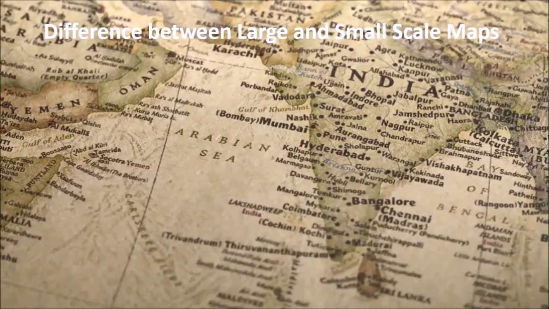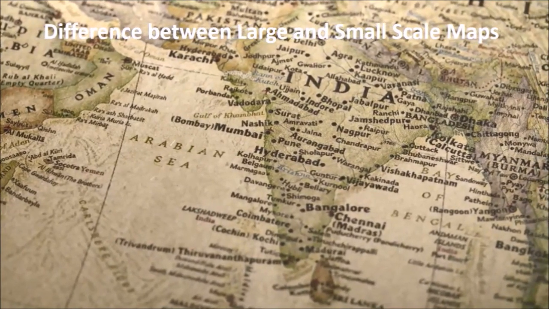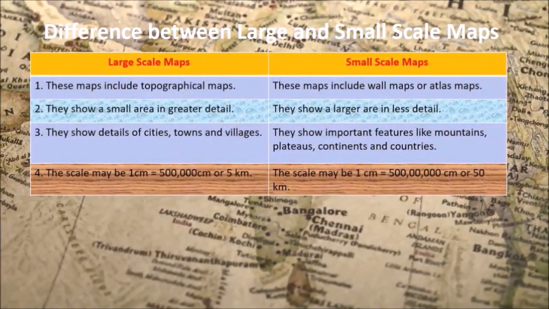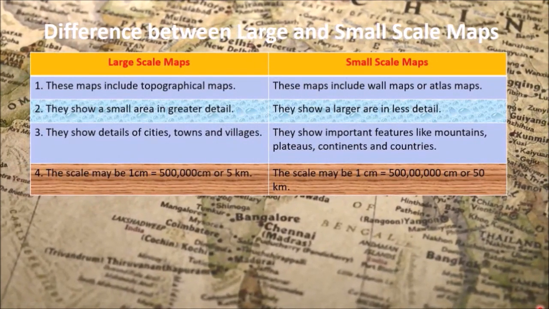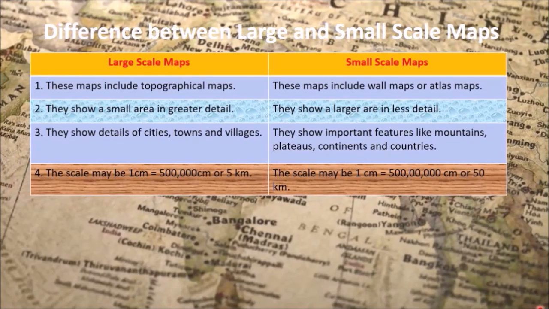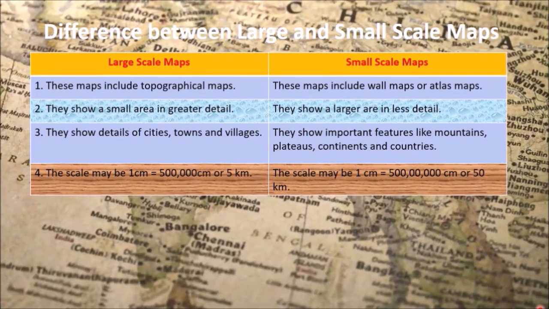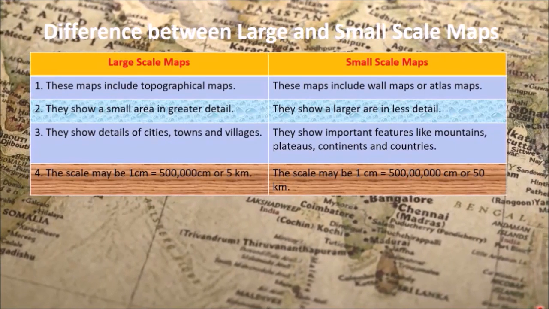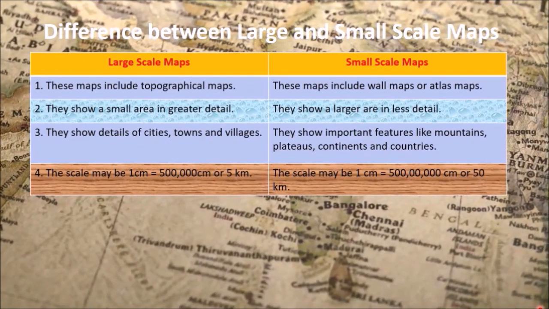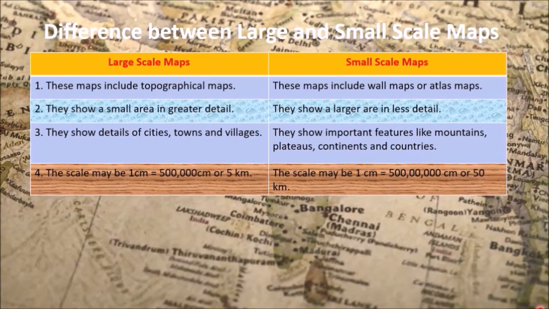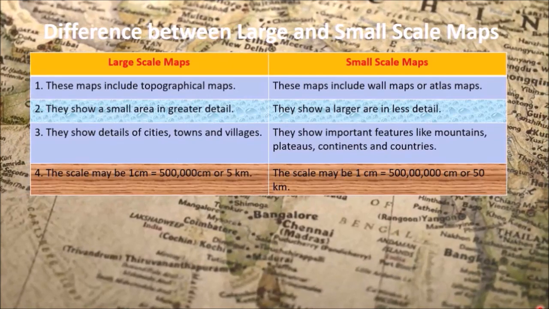Difference between large scale and small scale maps. The large scale maps include topographic maps, whereas the small scale maps include world maps or atlas maps. Large scale maps show a small area in greater detail, whereas small scale maps show a larger area in less detail.